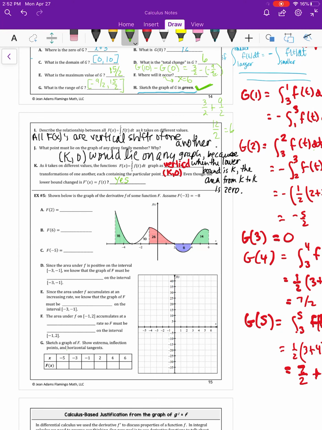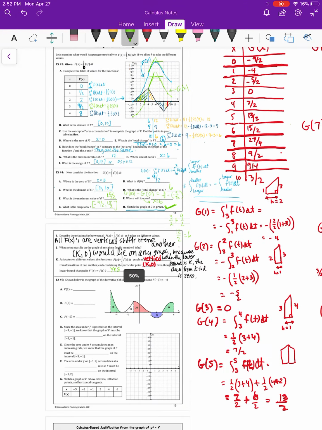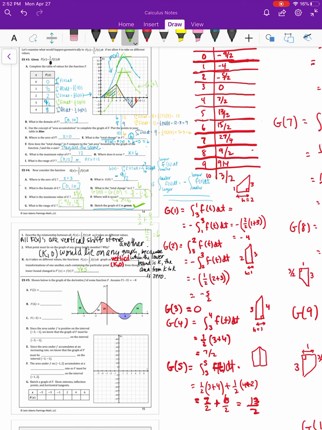And remember, when we take the derivative of it, it kind of cancels it out. So both of these, if we took all the derivatives, it's going to give you this function right here in black. That is your derivative function for both of these because of the way we did this. This f of t here, you could say it's f of x because there's an x here.